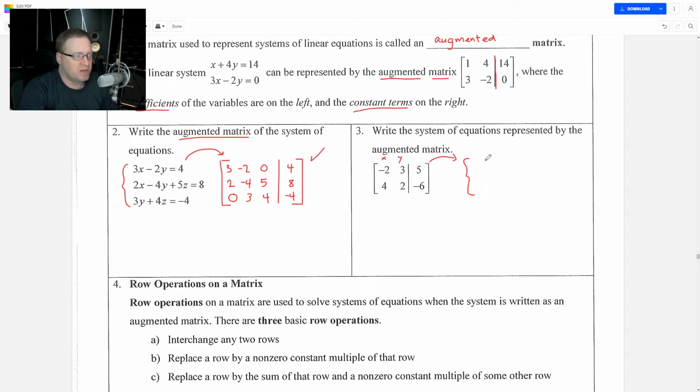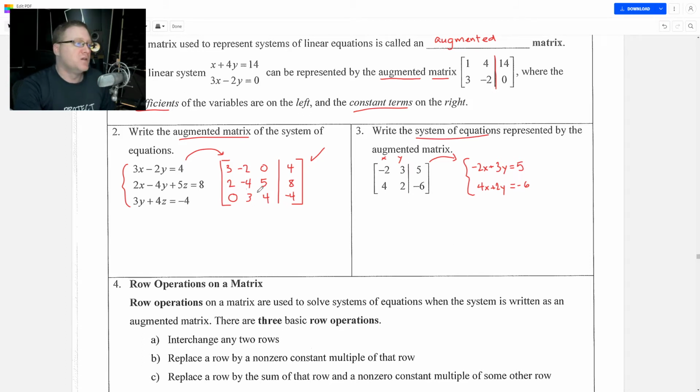We're going to have -2x plus 3y equals 5. And then this one's going to be 4x plus 2y equals -6. And that's it. This is our system of equations represented by this augmented matrix.